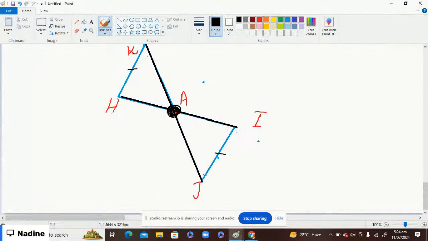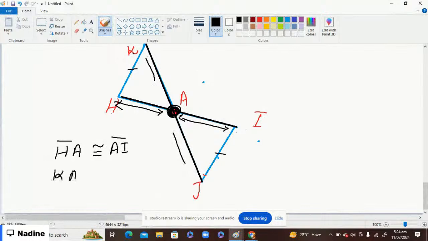If this is the midpoint of this line, then the length of this one and the length of this one become the same. So HA is congruent to AI, and this side length equals this side length. So KA is congruent to AJ. Got it? Midpoints are also given. One side is also given.